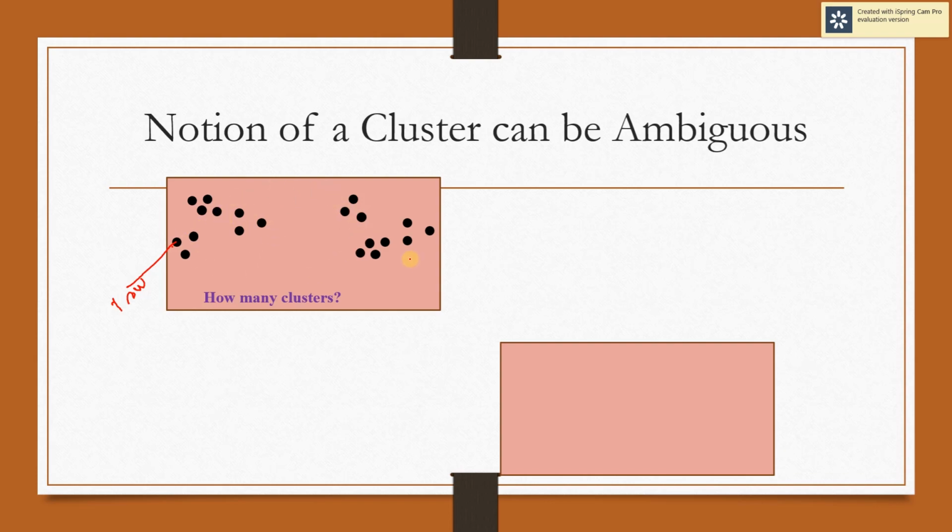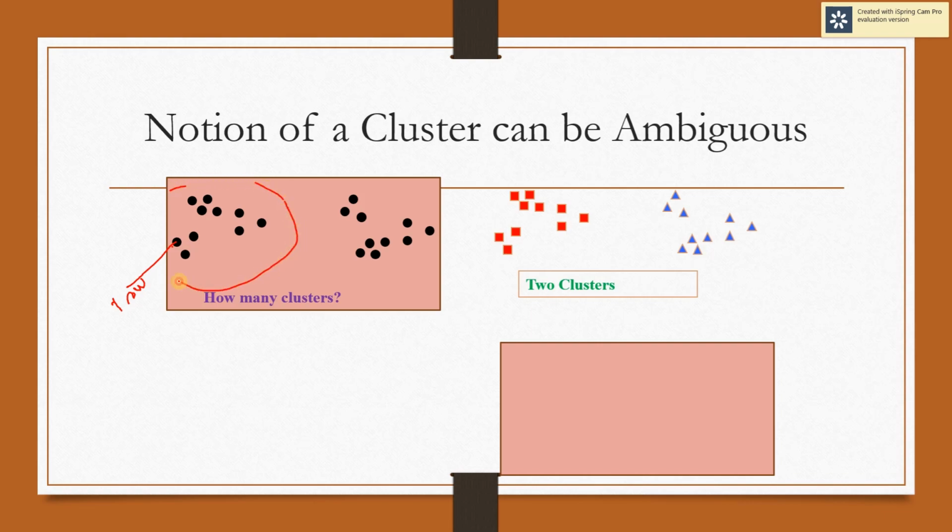If you look at the similarity or dissimilarity, if the distance is near, we can say that it is in the same cluster. So you can see, for example, possibly two clusters. One would be from here, another one from here.